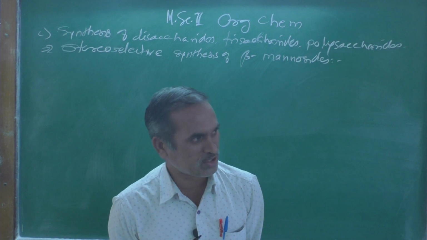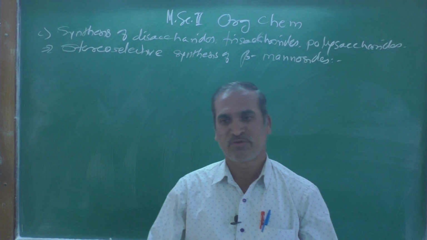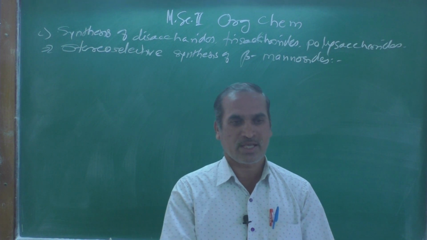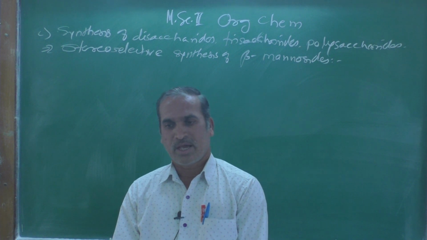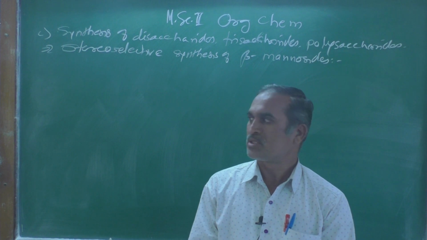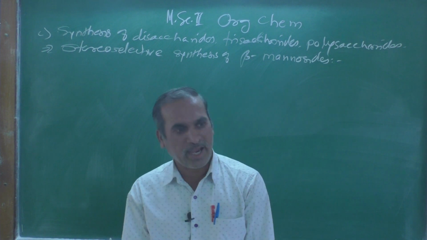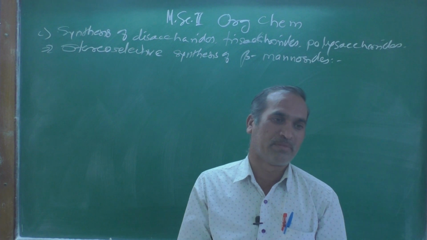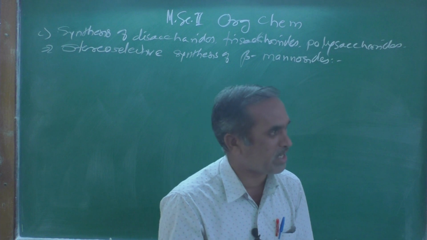The second one is oligosaccharide, which is further divided into disaccharide, trisaccharide, tetrasaccharide, and so on. Oligosaccharide means made up of 2 to 10 sugar units combined together.